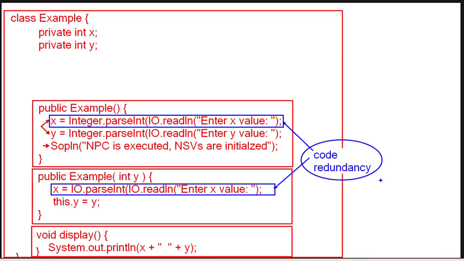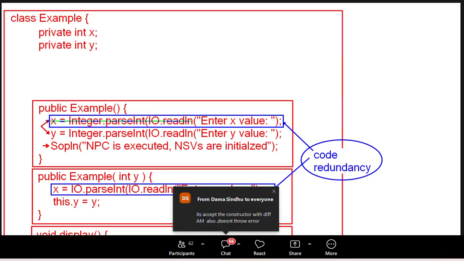And tell me, is it a good idea or bad idea? When you define multiple constructors inside the class, in another way, when you overload constructors in the class, the same logic is repeated in all constructors.